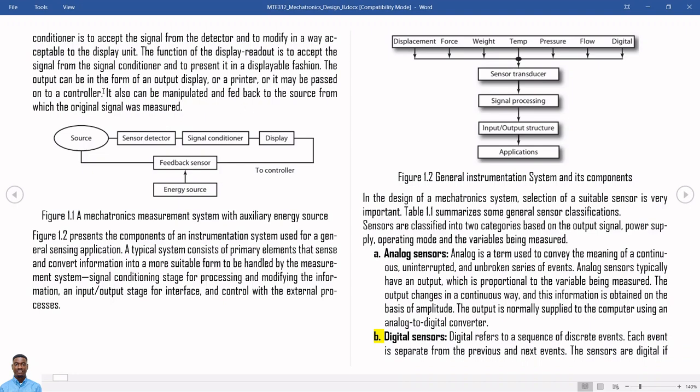So the output can now be in the form of an output display. It can be a printed output, or it can also be passed into a controller.